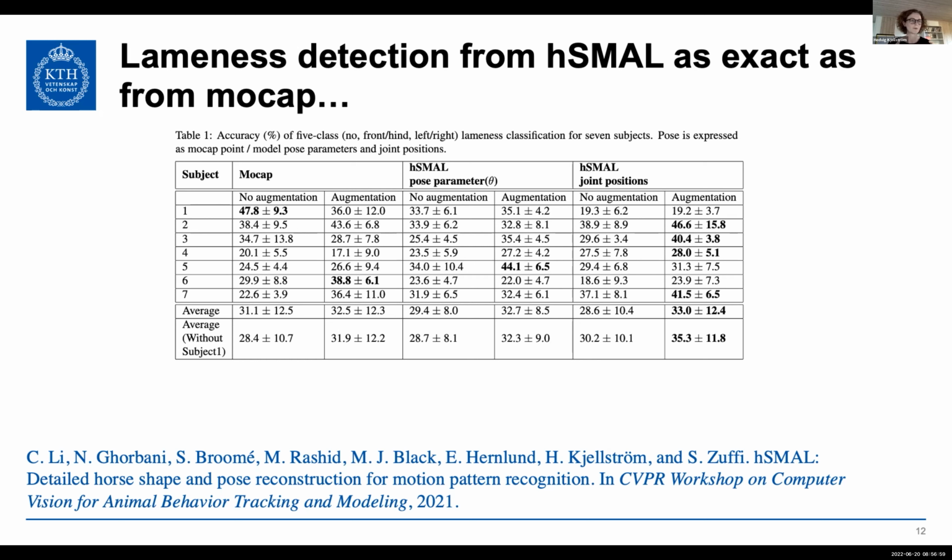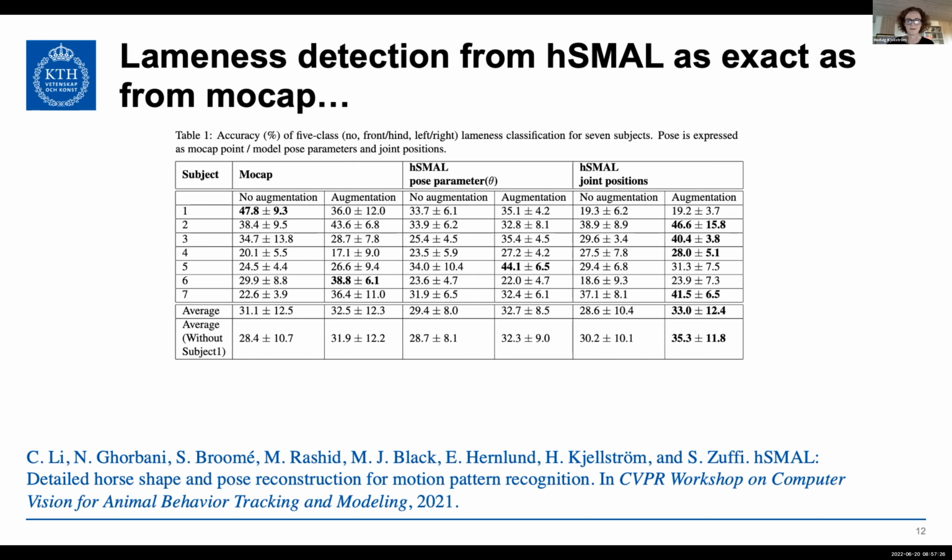So what we wanted to test here was whether HSMAL captured all the relevant information from the motion capture. When we fitted HSMAL to the motion capture, did we lose anything that would be important when we wanted to distinguish between lameness and not lameness?